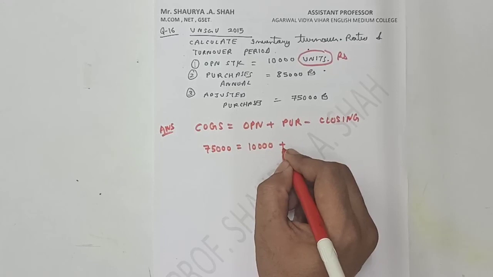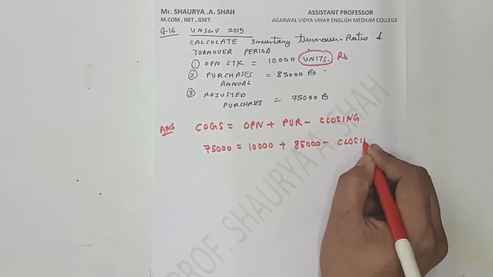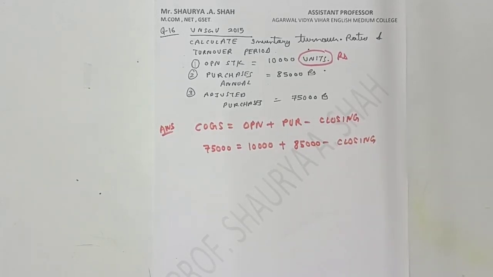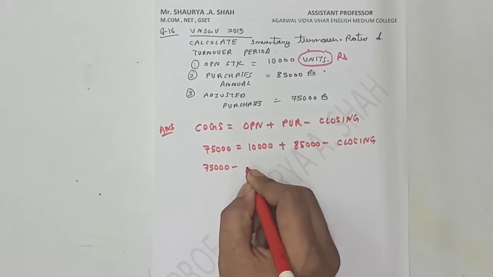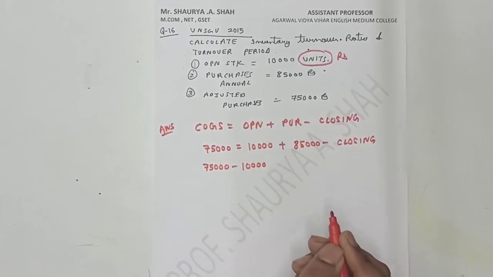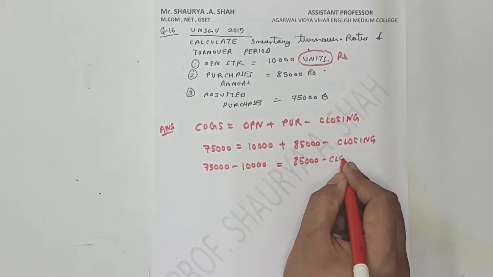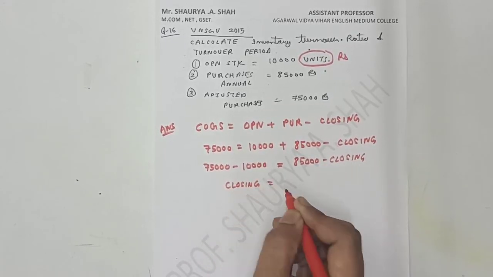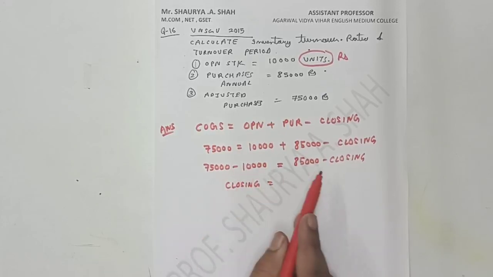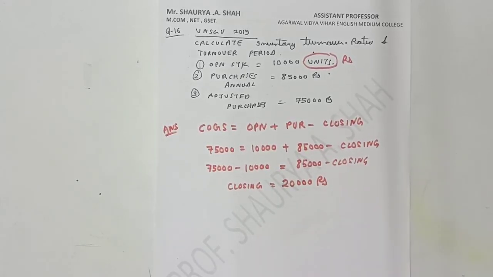Opening stock 10,000 plus purchase 85,000 minus closing stock, which I don't know. So on the right-hand side and left-hand side, I calculate 75,000 minus 10,000 equals 85,000 minus closing. Ultimately my closing comes to this side, and if I solve this, it is 85,000 minus 65,000, that is 20,000 rupees.